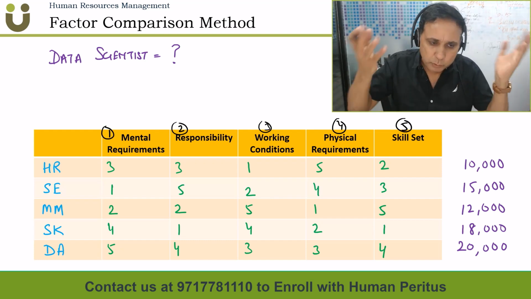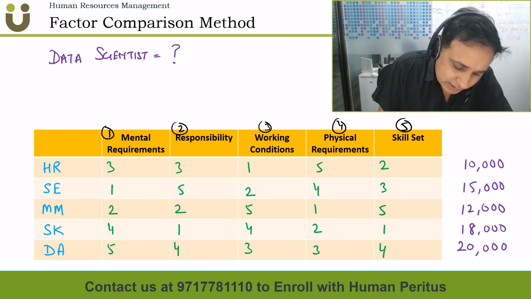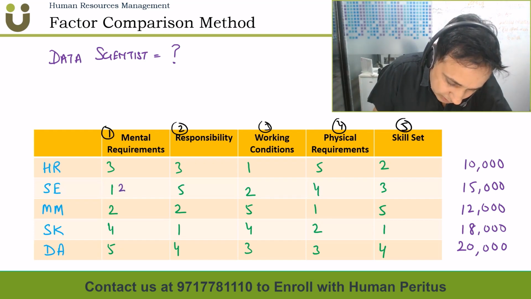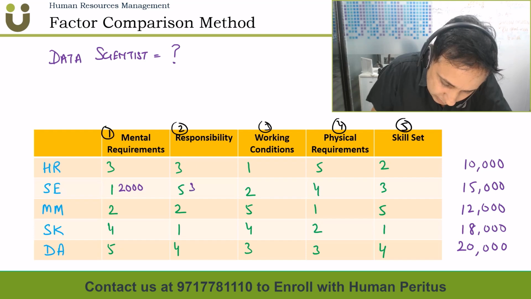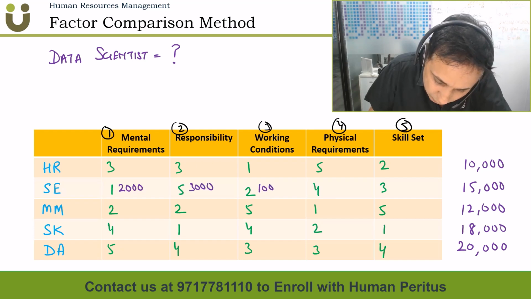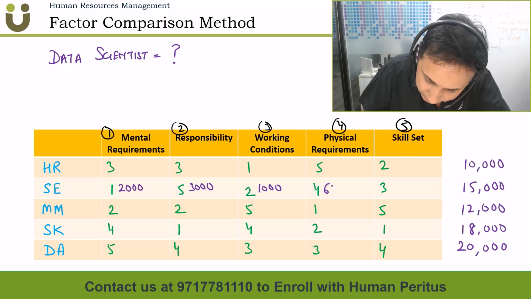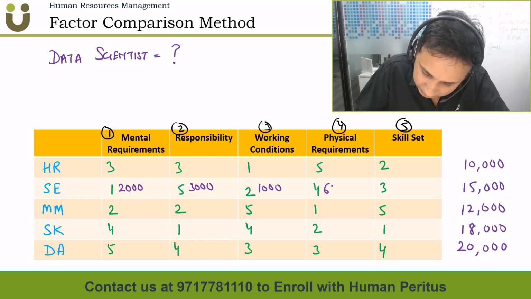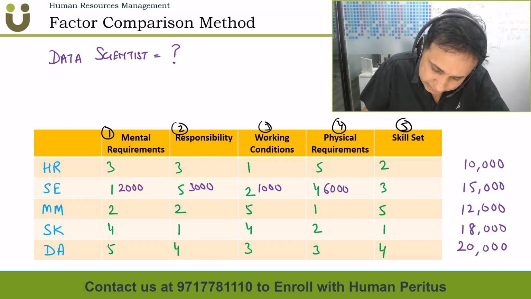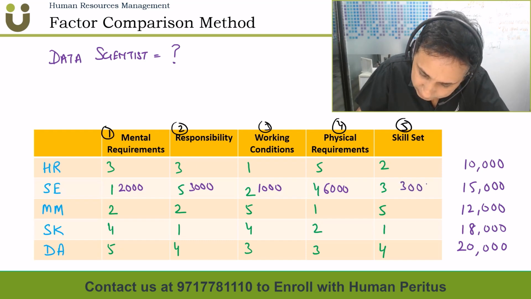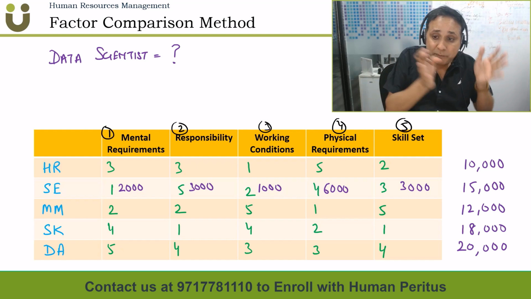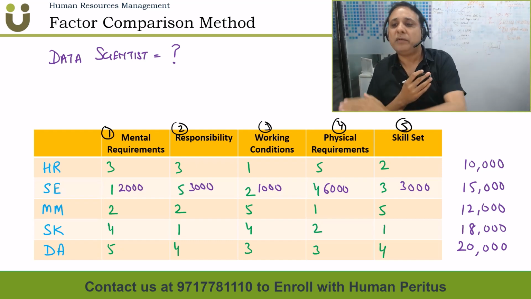Now for example, hypothetically, I allocate maybe 2,000 to this, 3,000 to this, 1,000 to this, maybe 6,000 to this, and the remaining 3,000. So I have allocated 15,000 rupees into these five factors.